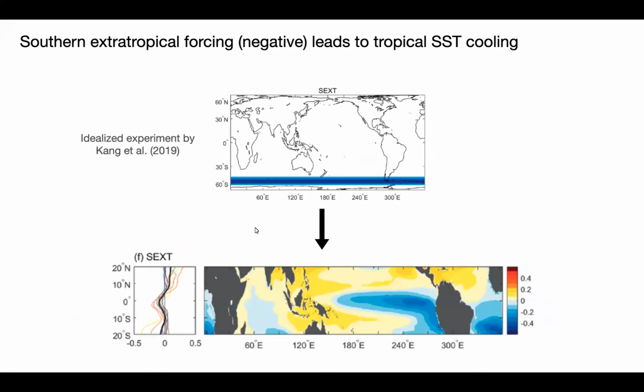And what they found is that at equilibrium, we see a cooling over the tropical Eastern Pacific SST that is a result of this negative forcing over the southern extratropics. And this is a really robust response. Almost all models show a negative SST anomaly over the tropics. So this made us think that potentially the observed variability over the Southern Ocean can have a tropical impact.